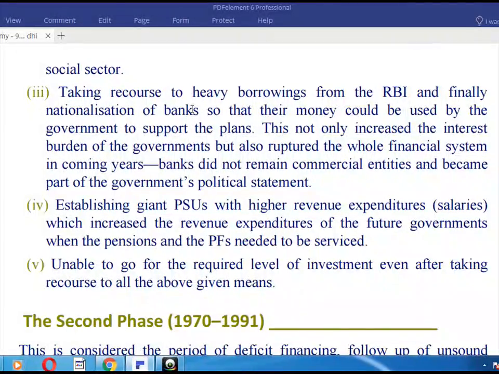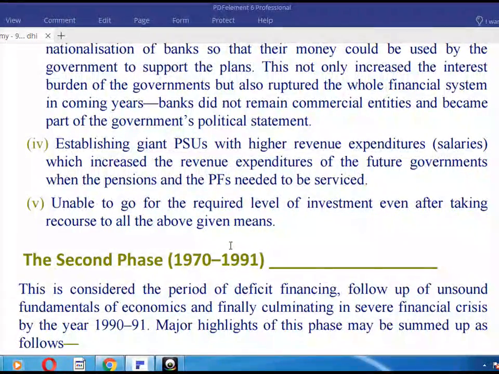Banks did not remain commercial entities and became part of the government's political statements, establishing giant PSUs with higher revenue expenditure, which increased the burden on future governments when the pensions and the PF needed to be serviced, so it was unable to go for the required level of investment even after taking recourse to all the above means.